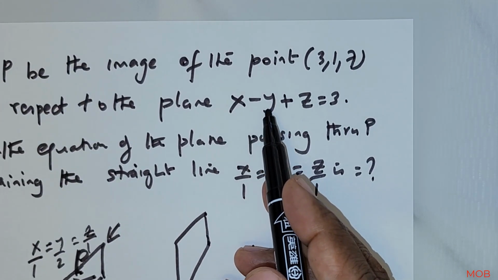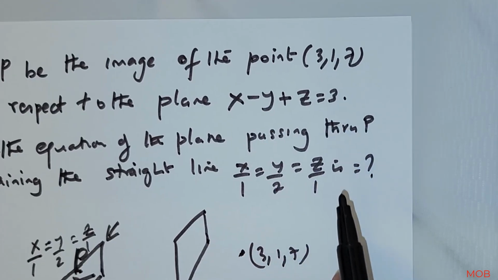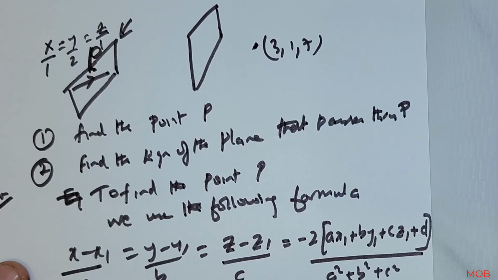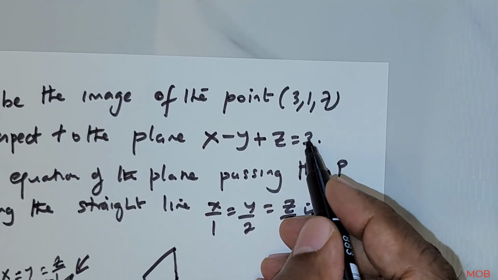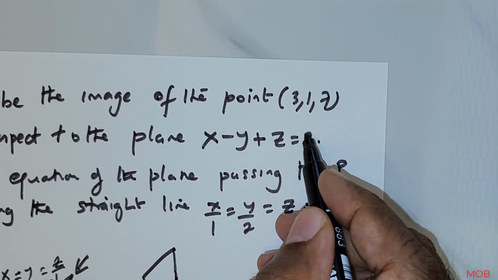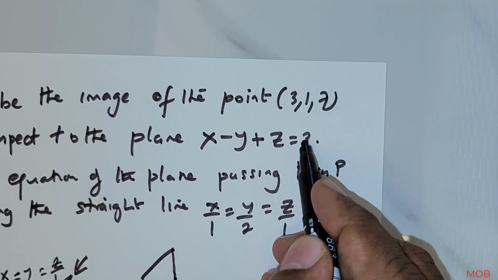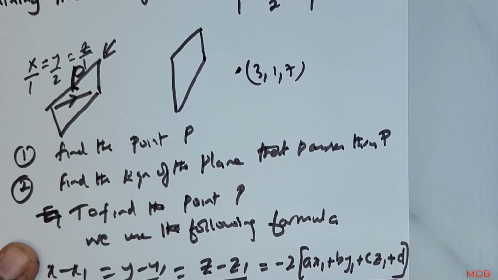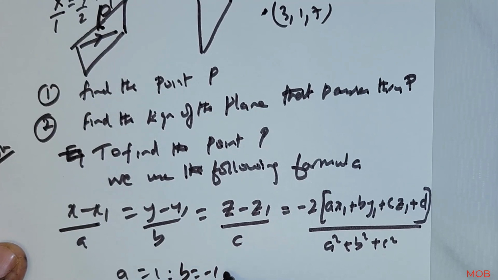So a is 1, b is -1, c is 1, and d is 3. Actually, d will be -3 because it has to come to this side. So a is 1, b is -1, c is 1, and the value of d is -3.